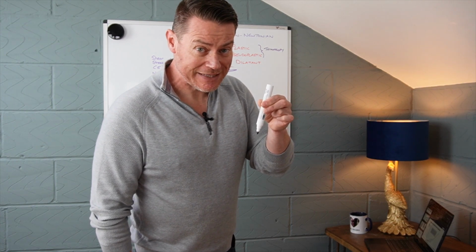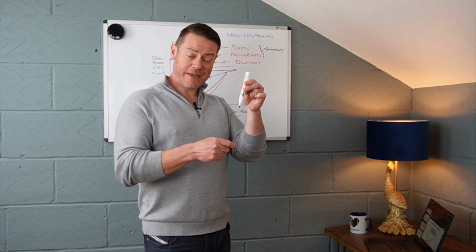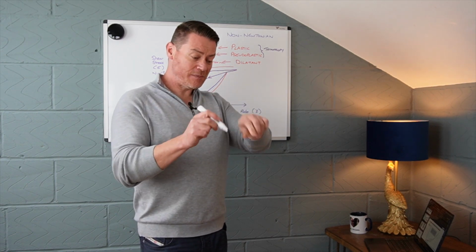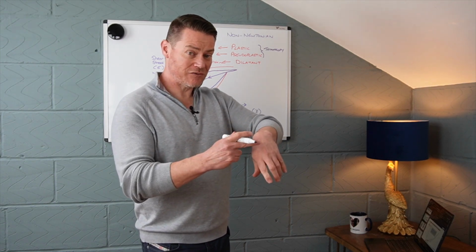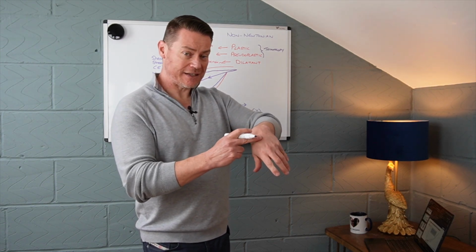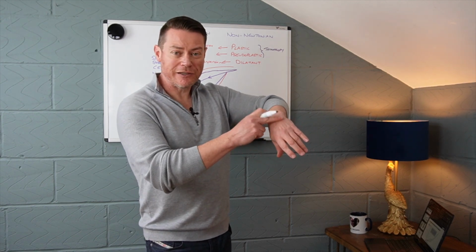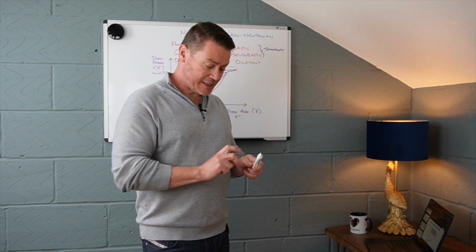I want it remaining in the tube, don't I? So it's going to stay in the tube for a bit until the patient squeezes the tube to extrude the cream onto their skin. And then when they rub the cream into the skin, they're applying a stress, shear stress to that cream. The cream should move because we don't want it sitting on the skin as a hard lump, do we? We want it to flow and absorb into the skin.